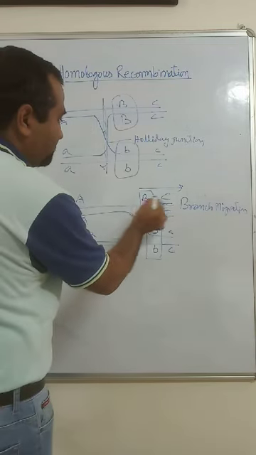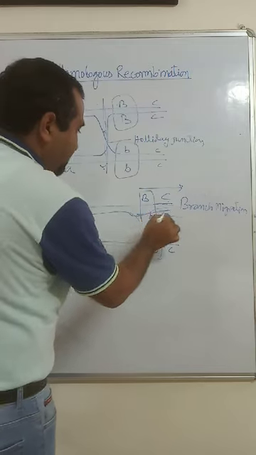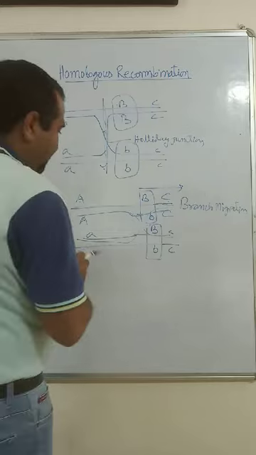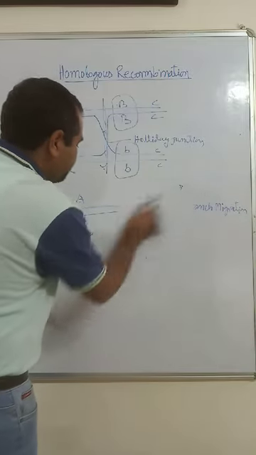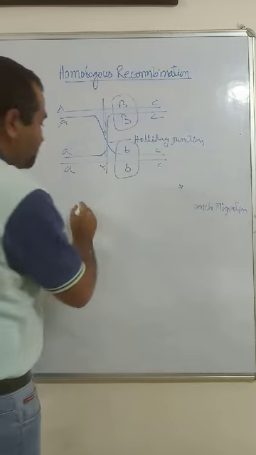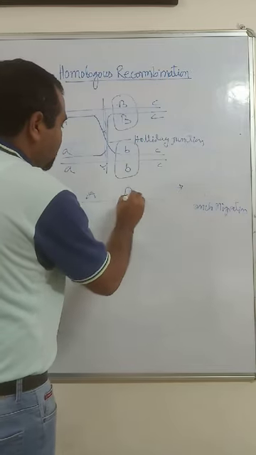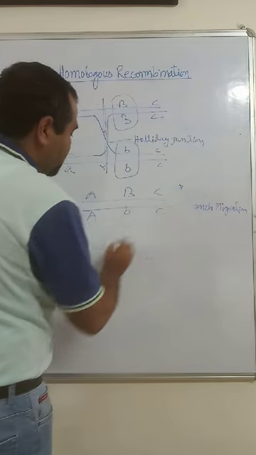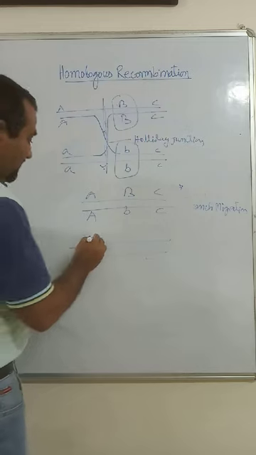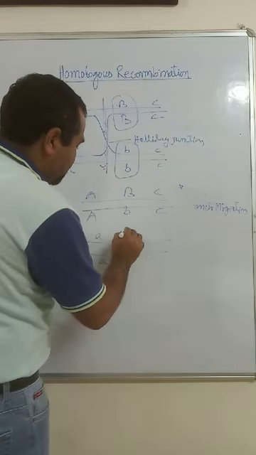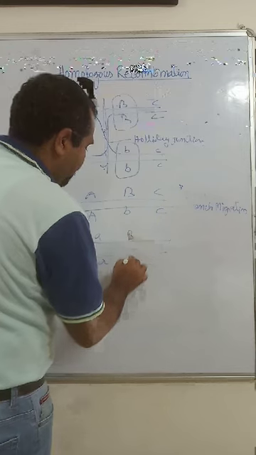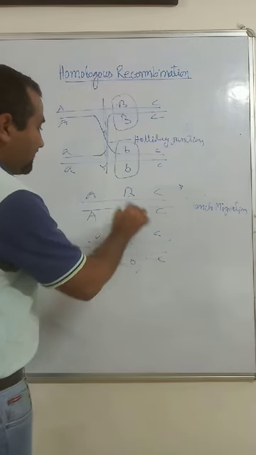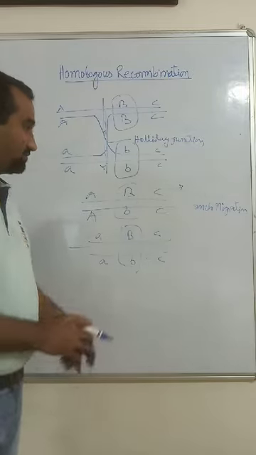So A, B, capital C, capital A, small b, and capital C. Similarly for this, we will have the base arrangement A, B, and C, and here A, B, and C. And for another chromosome, we will have the arrangement as B, B, and C. So here the allele has exchanged.